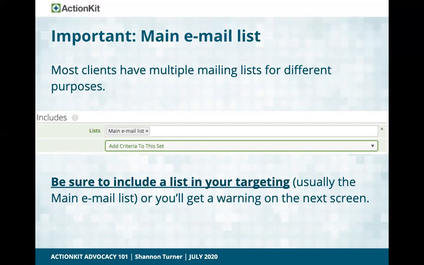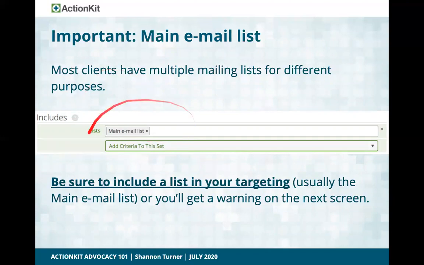One of the most commonly used options is the list. Now, most clients have multiple mailing lists set up for different purposes. But almost all clients use the main email list as their main targeting. So you're going to use this in pretty much every mailing you send, with a few exceptions.